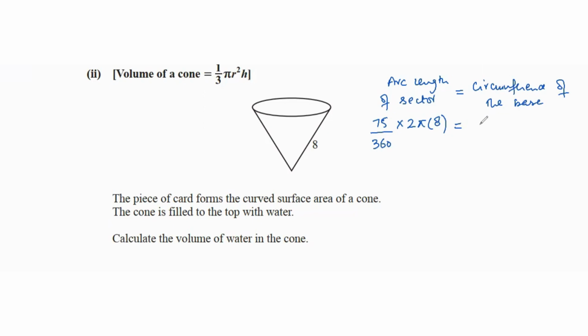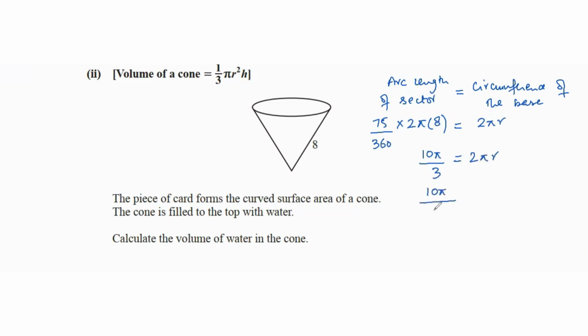Circumference over here is going to be 2 pi r. But this r is different from the r that we used in the sector arc length. So this was 10 pi over 3 equals 2 pi r.